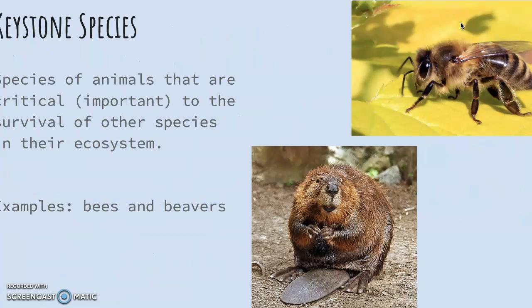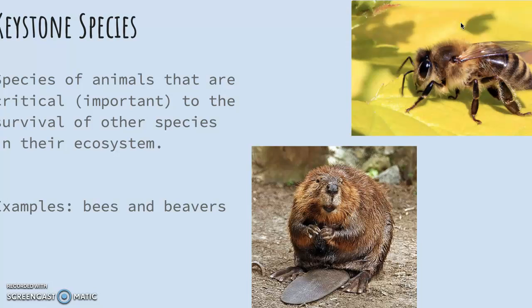Our keystone species are incredibly important species of animals that are critical to the survival of the other species in their ecosystem. You might have heard about a lot of people taking interest in bees right now. It's incredibly important to support the honeybees because they are responsible for pollinating our plants. Without these bees, our plants, our producers, wouldn't be able to survive.